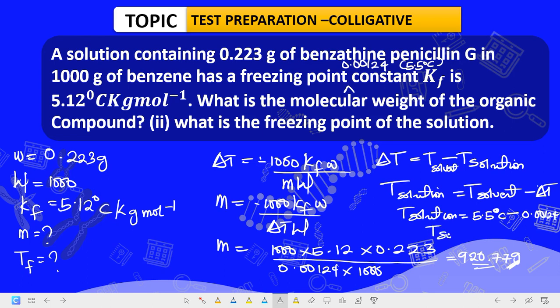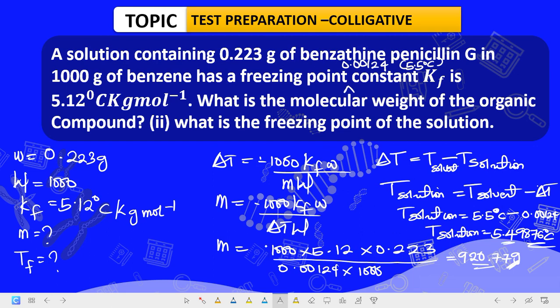So the freezing point of the solution would be equal to 5.5 minus 0.00124, and this gives us 5.49876 degrees Celsius, and that is the correct answer to this question.